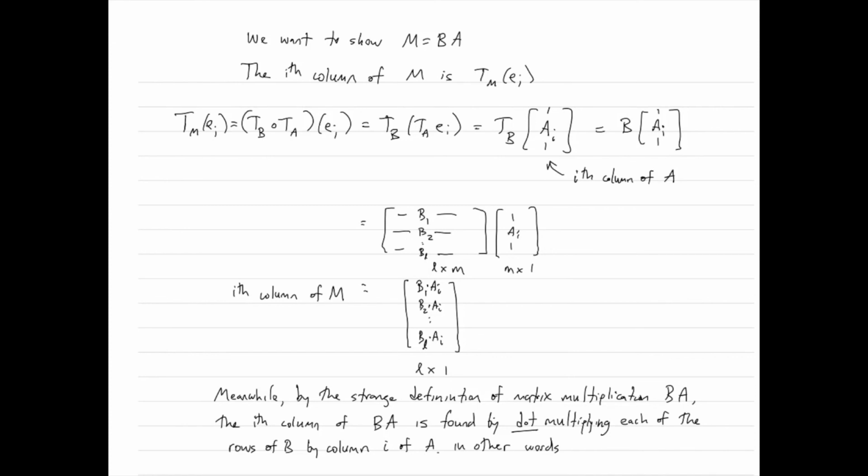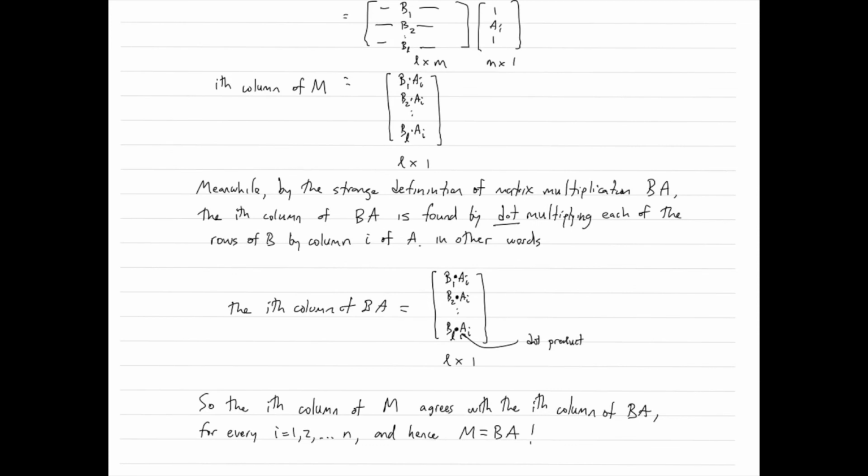Next, what we have to do is figure out what the ith column of B times A looks like. And this involves thinking back to that strange definition of matrix multiplication. To get the ith column of B times A, what you do is multiply the various rows of B, or dot them, by the ith column of A. So that may take a little bit of thinking or drawing in an example, but if you think about it, then you get that the ith column of B times A is the various rows of B taking the dot product with the ith column of A, and that's exactly what I've written here.